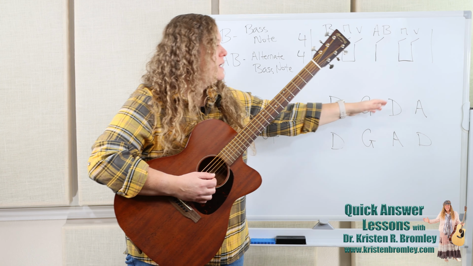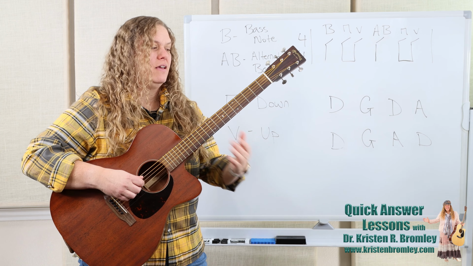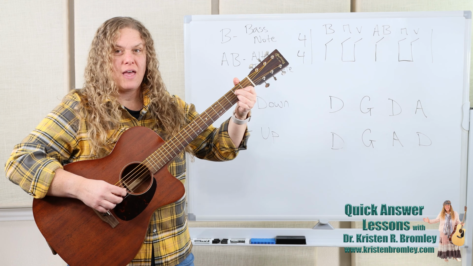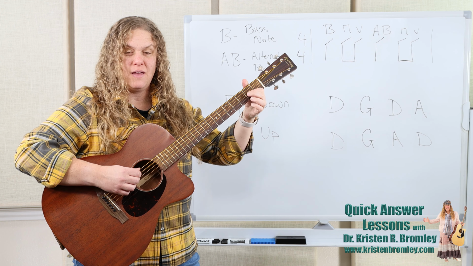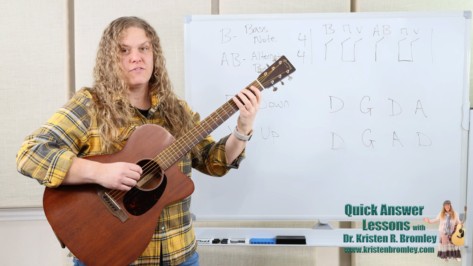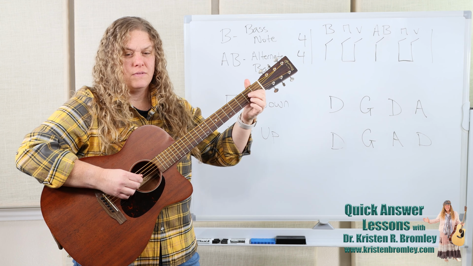Going from D to A and A to D. So how do we approach that A? Well, at the A there, we can go F sharp, G sharp, A. So 2nd fret, 4th fret to the open.